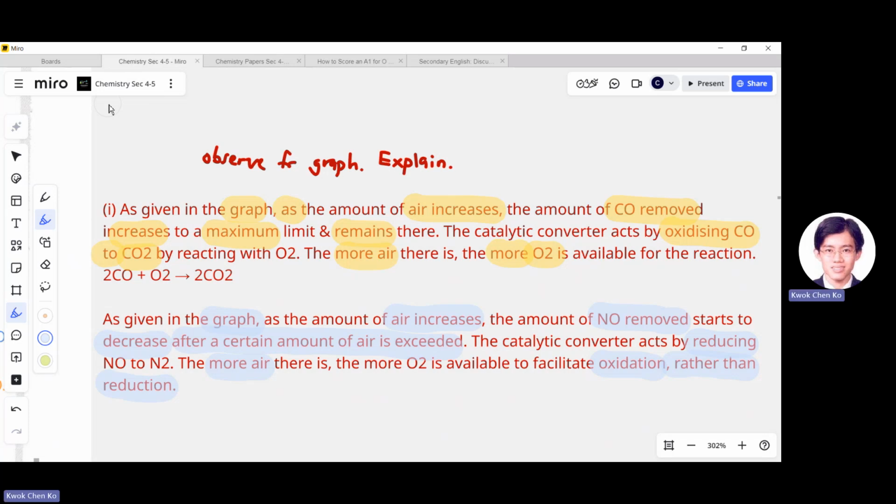All right, so this is about the catalytic converter, but as I said earlier, sometimes be a bit discerning also. Is the question about the engine or the catalytic converter, or both?